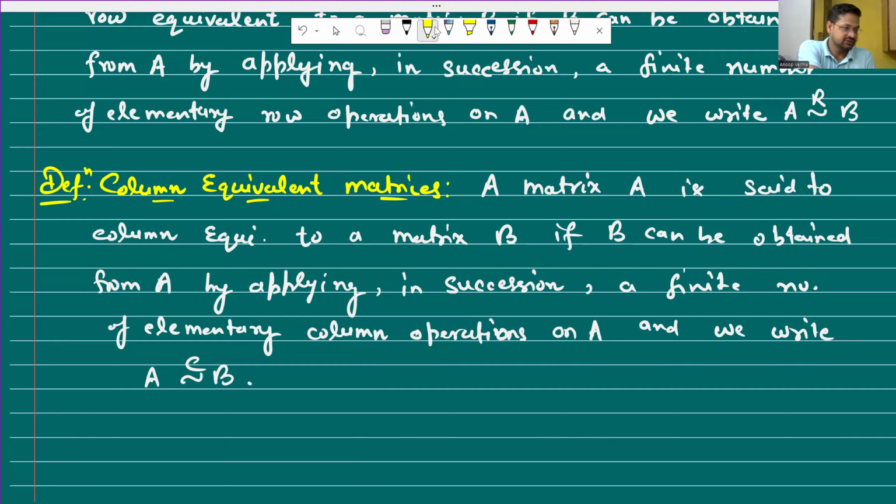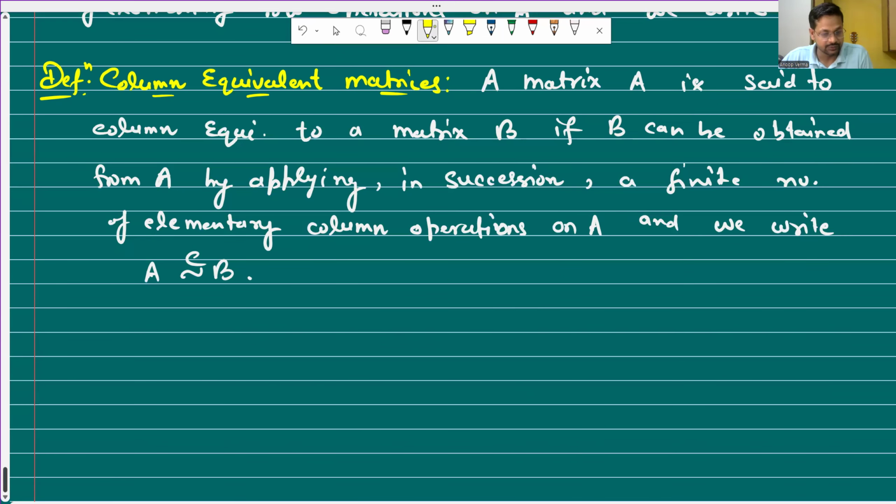Okay, so it is clear about it कि हमारे पास अगर हम कॉलम इक्विवेलेंट की बात कर रहे हैं तो we are applying only the column operations. If we are talking about row equivalent, we are applying only the elementary row operations and we are getting another matrix B. So if we apply any of the elementary operations, we get another matrix that is called the equivalent matrix, only equivalent matrix.